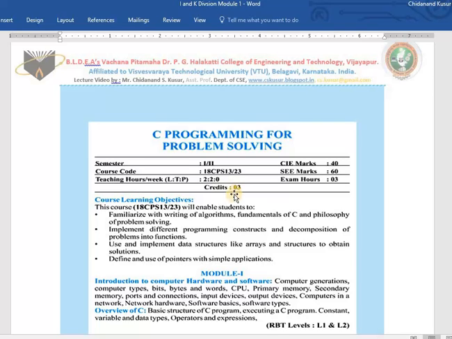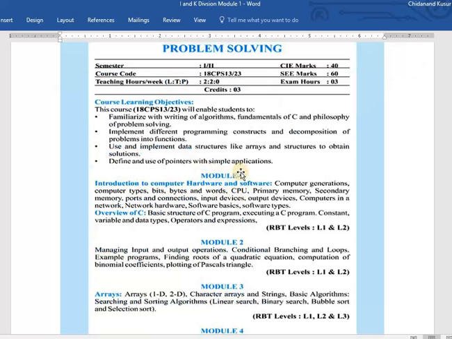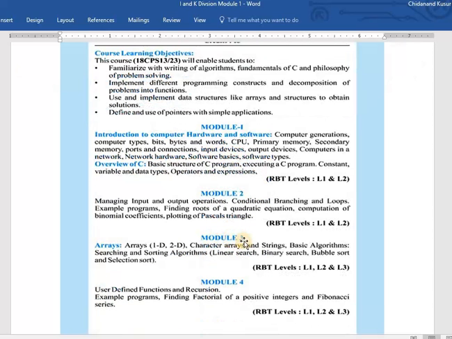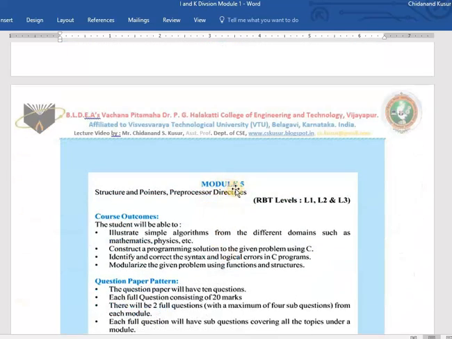In today's class we discuss the syllabus, as I told you already. All engineering subjects will have 5 modules. You can see here: module number 1, module number 2, module number 3, module number 4, module number 5.